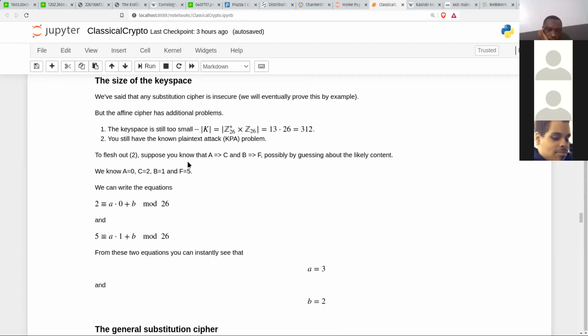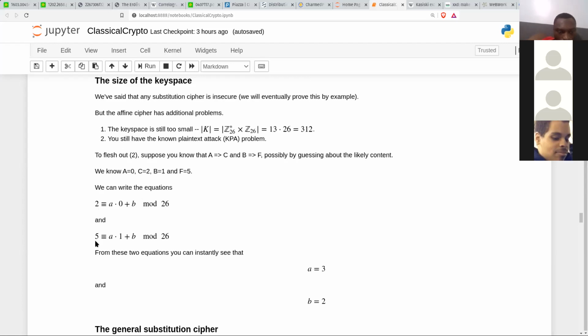Now you need to guess two things. Suppose we have reason to believe that A corresponds to C and B corresponds to F. Then A is 0, C is 2, B is 1, and F is 5. So we can write down two equations that must be true. The encryption of A is C, so when you put in the numbers, A is 0, so A times 0 plus B is equal to 2.